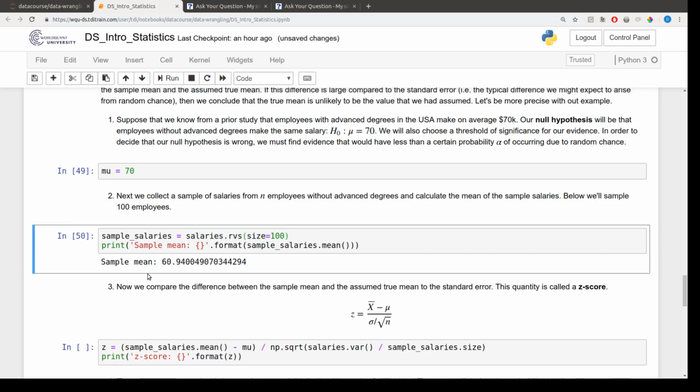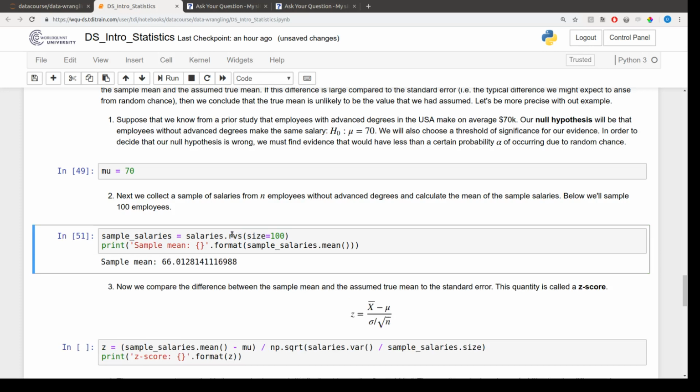And you find that the sample mean, or the mean salary in your sample, is $60,940. Close enough, 61,000. Keep in mind, you might get a different number here than I do, because this is a random sample.